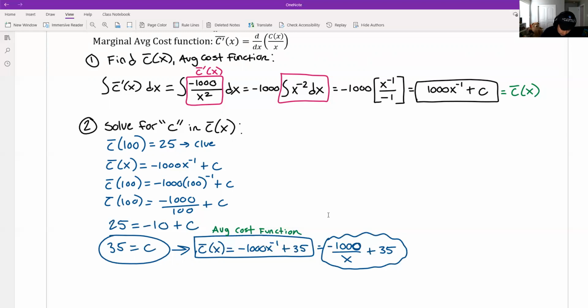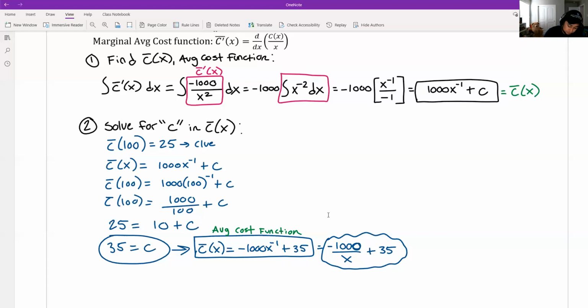Which means that the only thing that changes on here, since now that our 1,000 was positive, is that we don't get 35.